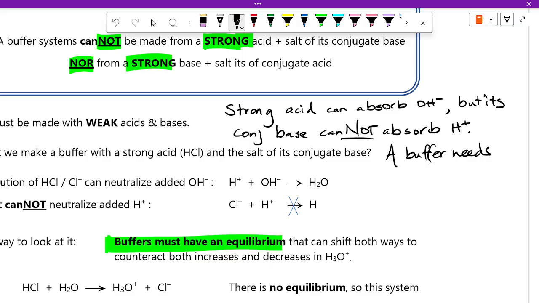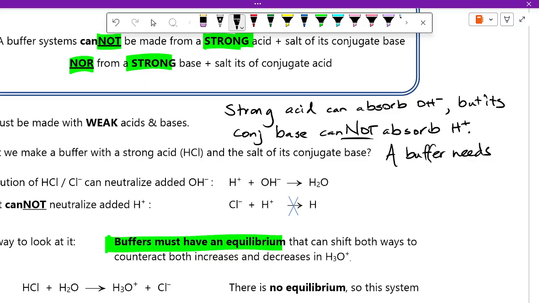With a strong acid, you have an acid and that can act as an acid, but you have a conjugate base that cannot absorb hydrogens. Chloride cannot take hydrogens. It will not hydrolyze. You need something that can take the H, you need something that can take the OH.